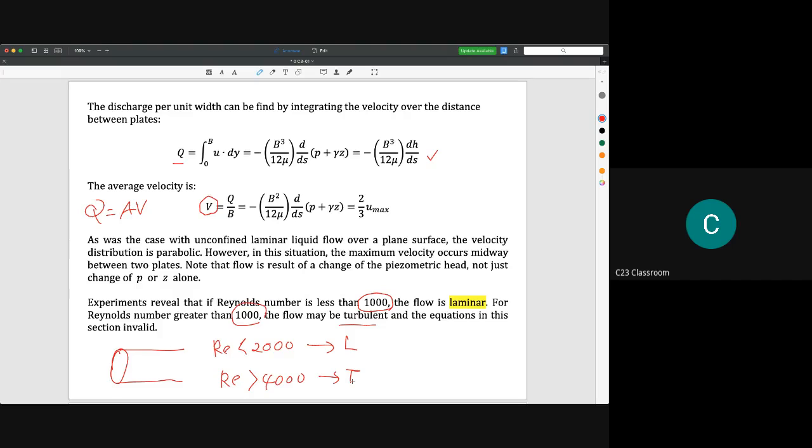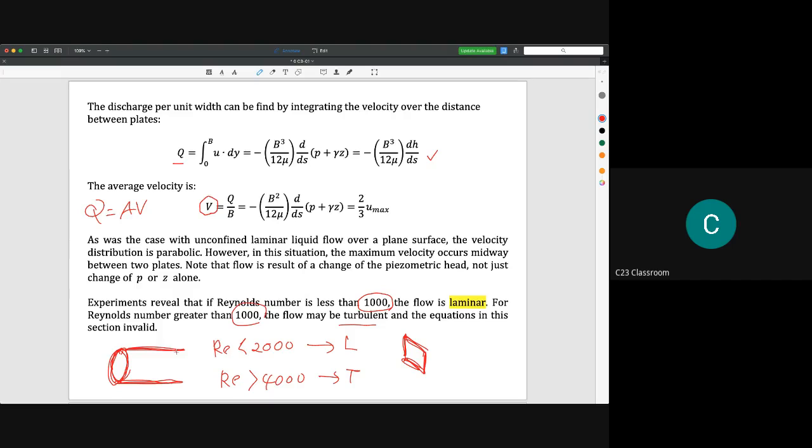So why is the Reynolds number different here? Because in this situation, they assume that our conduit is rectangular in shape, whereas the pipe condition refers to the circular shape. That's the difference.